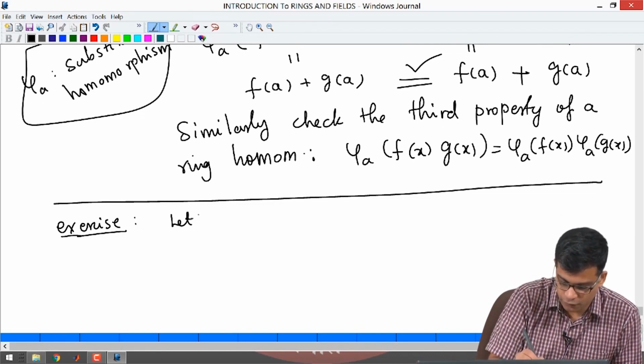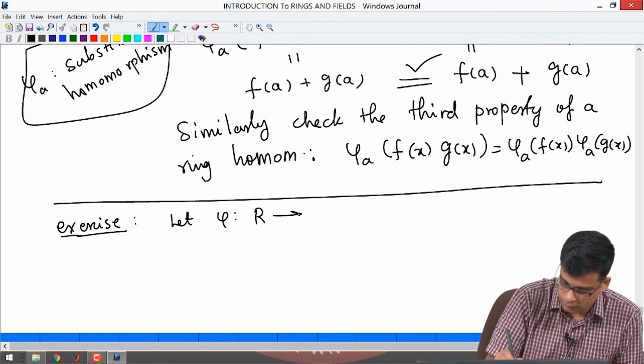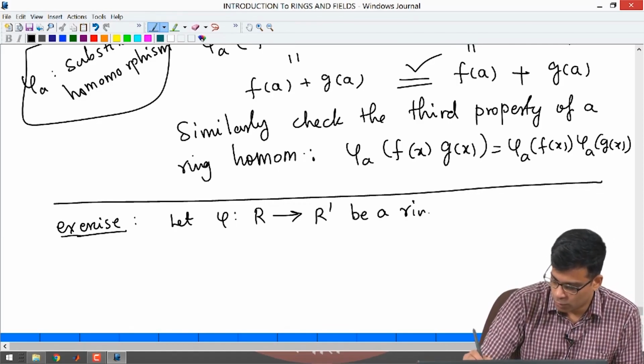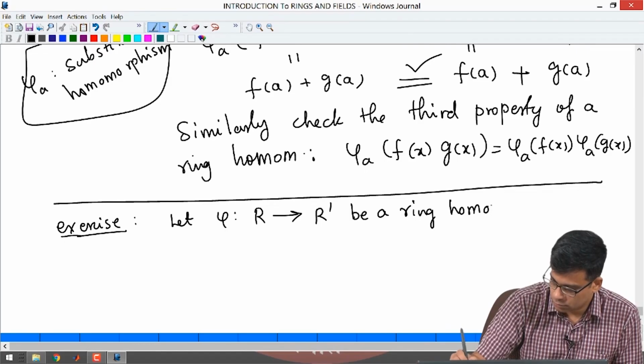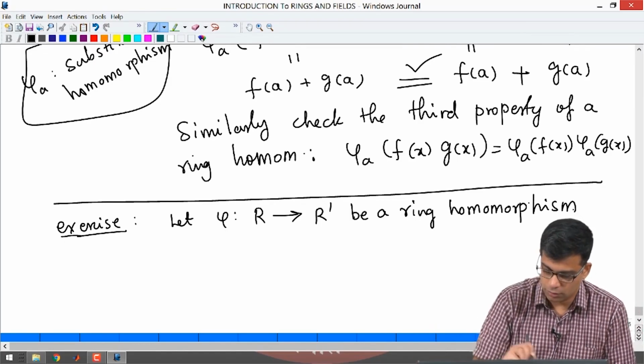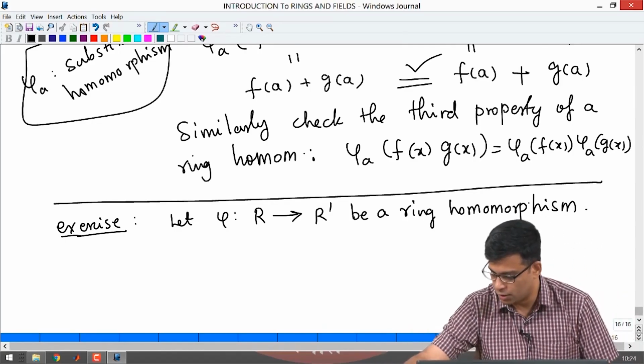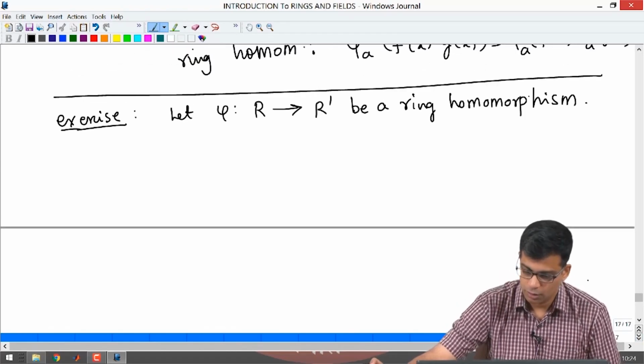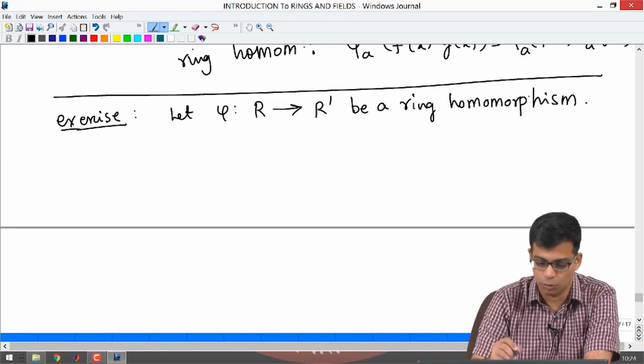So, let us say phi from R to R prime is a ring homomorphism. Here, R and R prime are two rings and phi is a homomorphism.